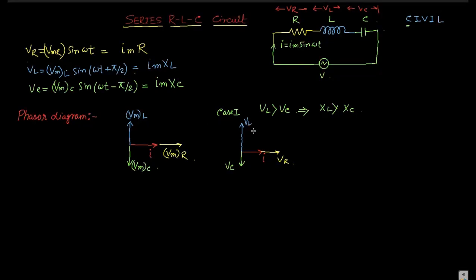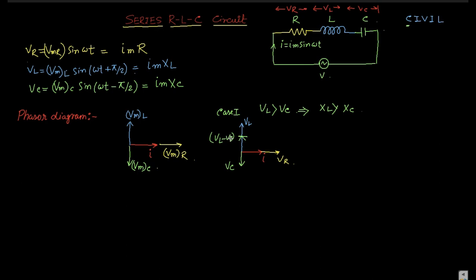So what will be the net phasor? Here VL is 90 degrees upward from I and VC is 90 degrees downward from I. Rather than the voltage across the resistance, what will be the net voltage across the L and C? If you subtract the VC part from VL, this is the VL minus VC part.